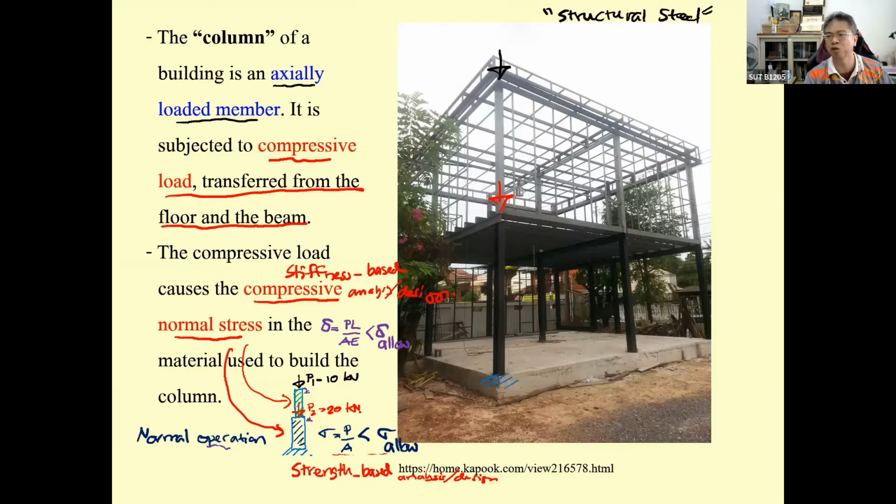So there are two things that are important in our engineering application. One is strength-based design, and the structure also must be stiff enough to resist the force. So that is going to be the stiffness-based design.